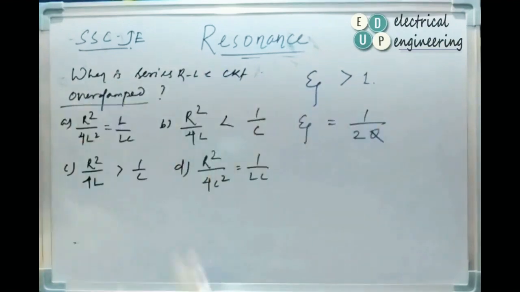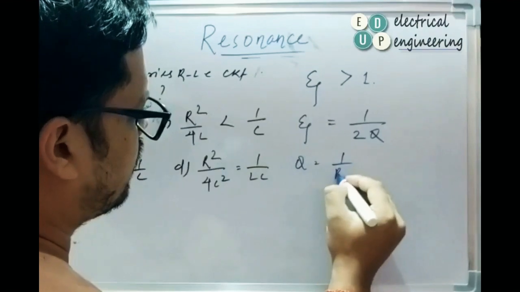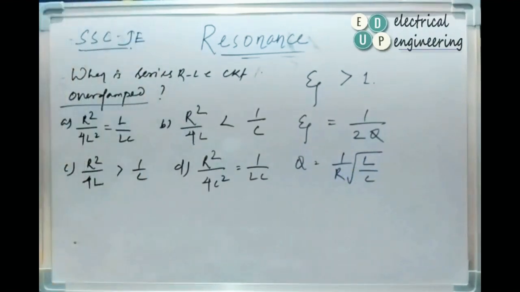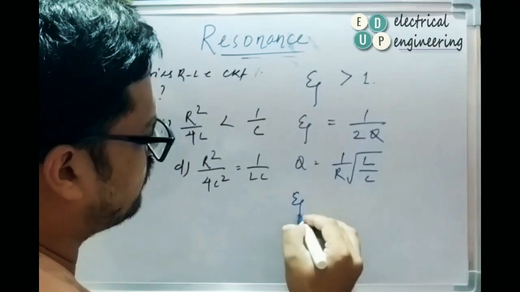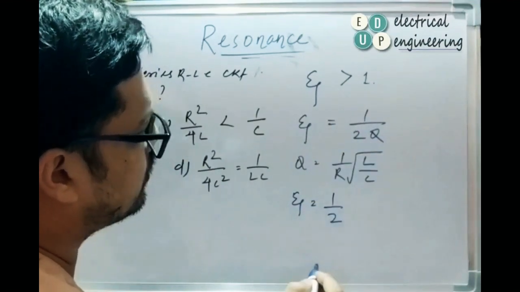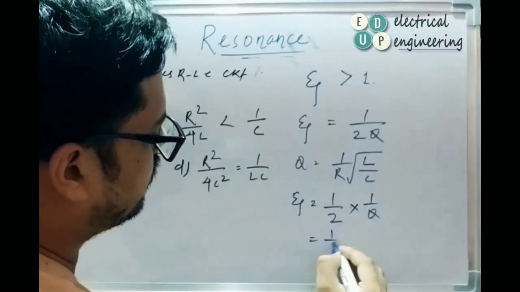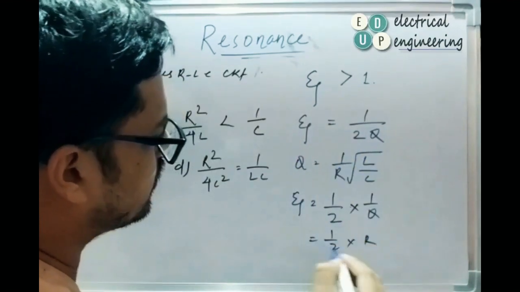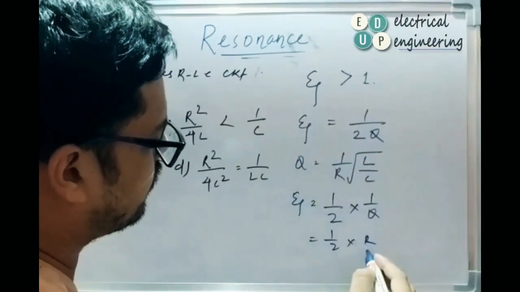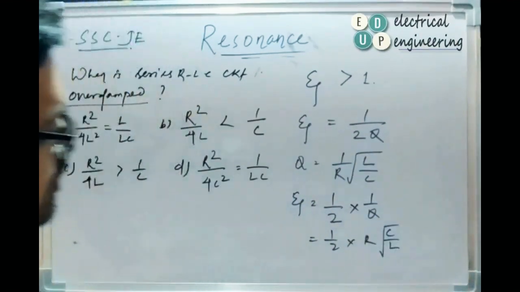So let's solve this. And Q, we know for a series RLC circuit, Q is 1 by R root over L by C. Now if I put this expression here, zeta will be 1 by 2 into 1 by Q, or 1 by 2 into the reciprocal. 1 by Q is the reciprocal of Q, so the reciprocal of 1 by R is R, and the reciprocal of L by C is C by L under the root.